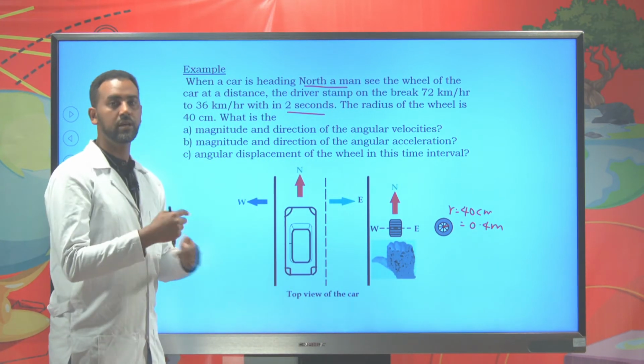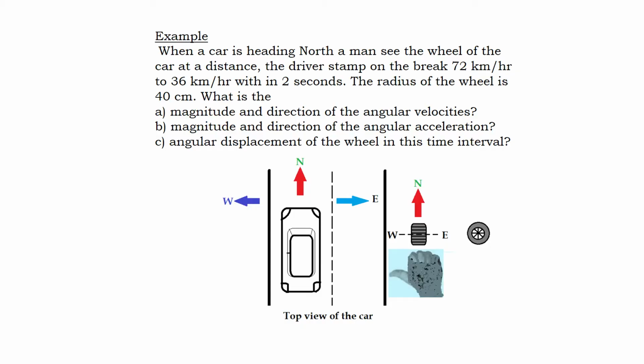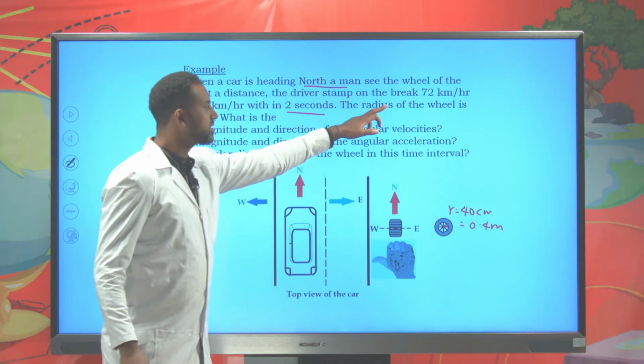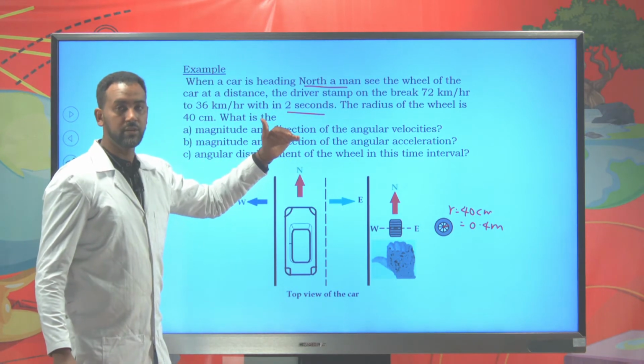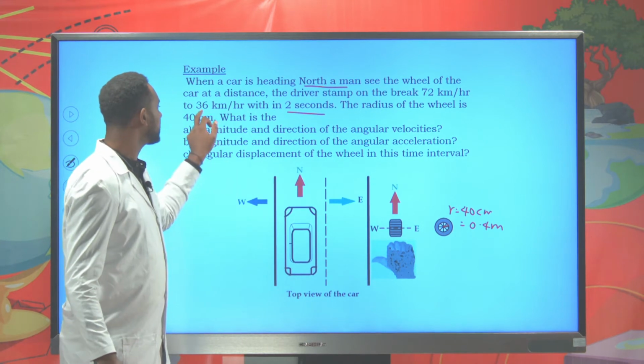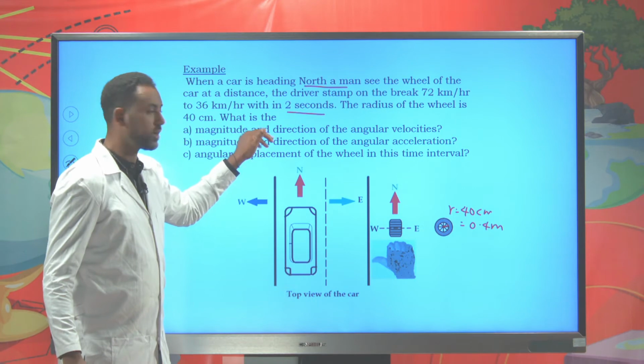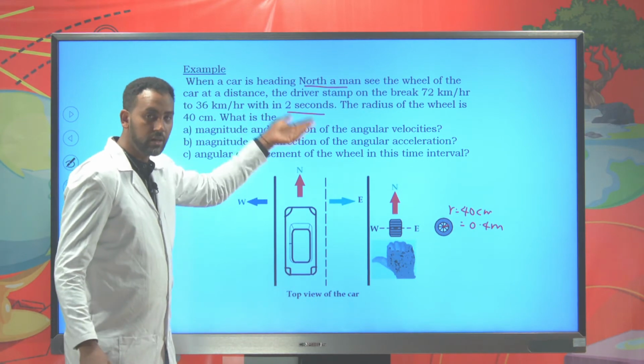So we are going to look at the tire, since it has a rotational motion. Now the initial velocity, 72 km per hour, is the tangential or linear velocity of the car. And 36 km per hour is the final velocity of the car, meaning the velocity after 2 seconds.